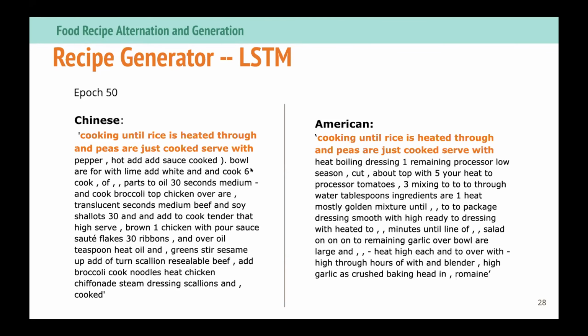Recipes were grouped according to each cuisine style and concatenated as a long sequence of text as the training dataset. The sample results of generated recipes are given with the inputs "through cooking until rice is heated through" and "the peas are just cooked to serve with". Here are the results.